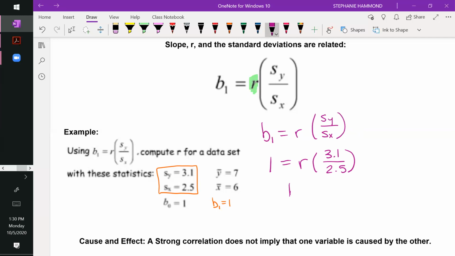So 1 equals R times 1.24, or 1.24R. So divide both sides by 1.24. 1 divided by 1.24 is 0.80645161129. I would say R is about 0.806.